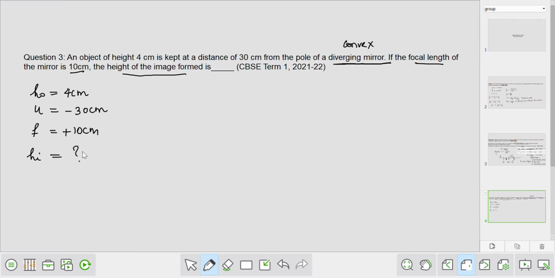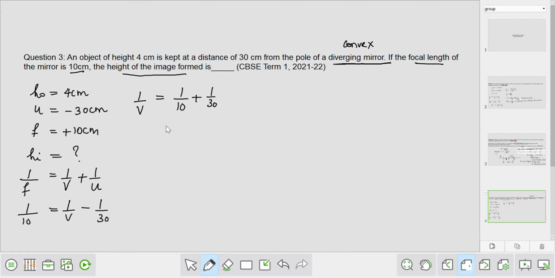You can use the mirror formula, 1 by F is equal to 1 by V plus 1 by U. Substitute 1 by 10, then 1 by V. U is minus 30, so here minus 1 by 30. Now keep 1 by V here and take minus 1 by 30 to the other side. When you transpose, you will get 1 by 10 plus 1 by 30.